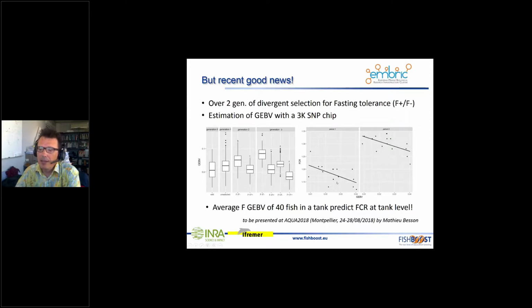So in this case, we were able to show that yes, there was response to selection and an increase of feed efficiency, selecting fish that lose little weight at fasting. This will be presented by Mathieu Besson at the next Aqua 2018 conference in Montpellier.